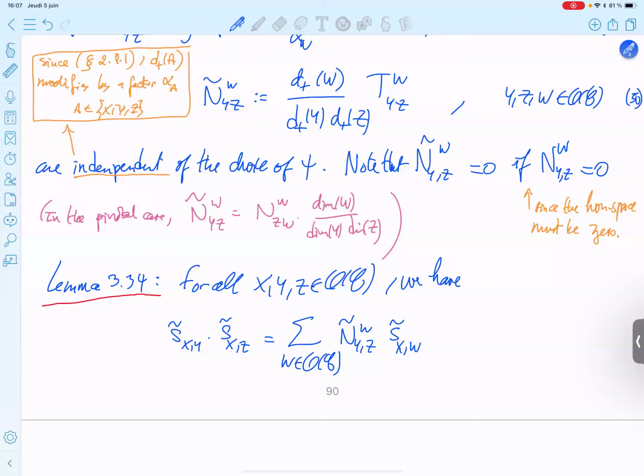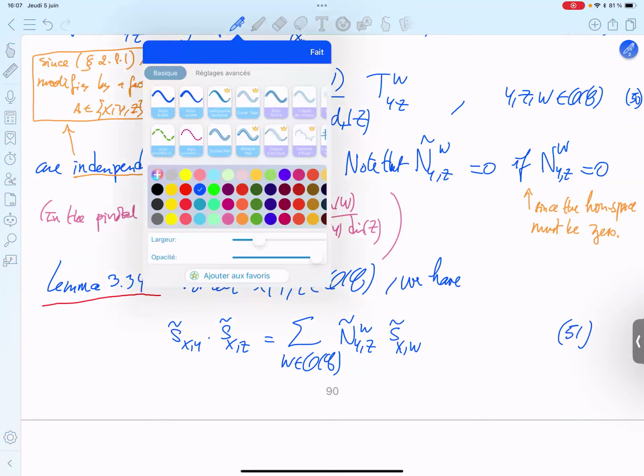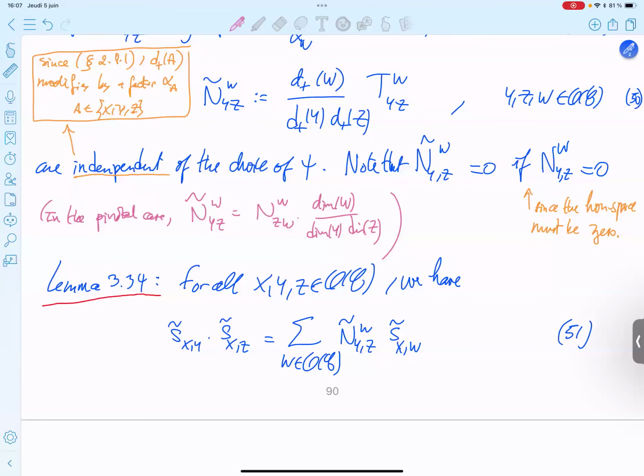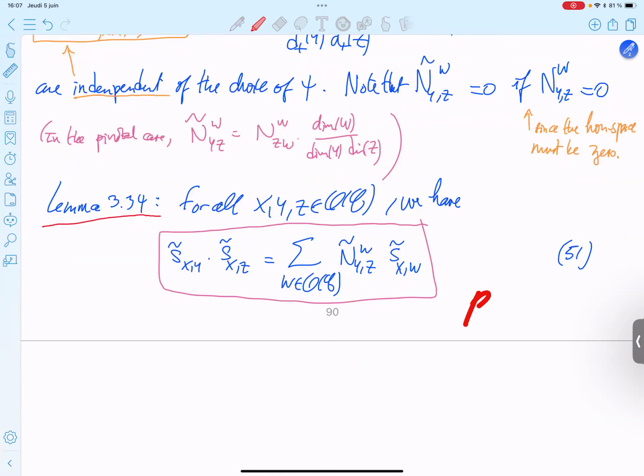Okay, so this is equation 41, and now it's time for the pause. So pause.